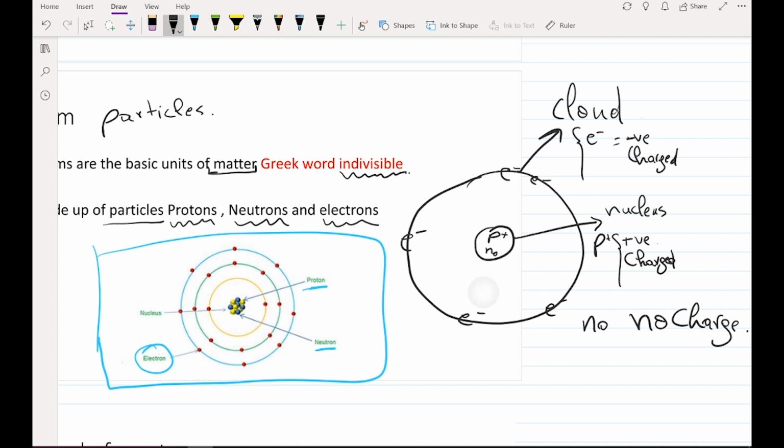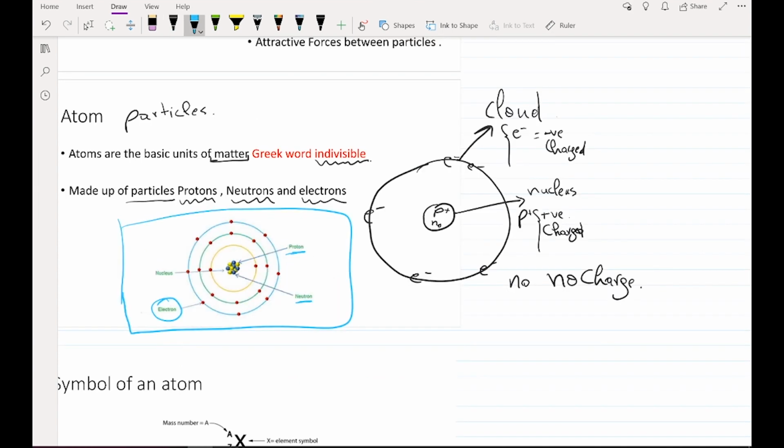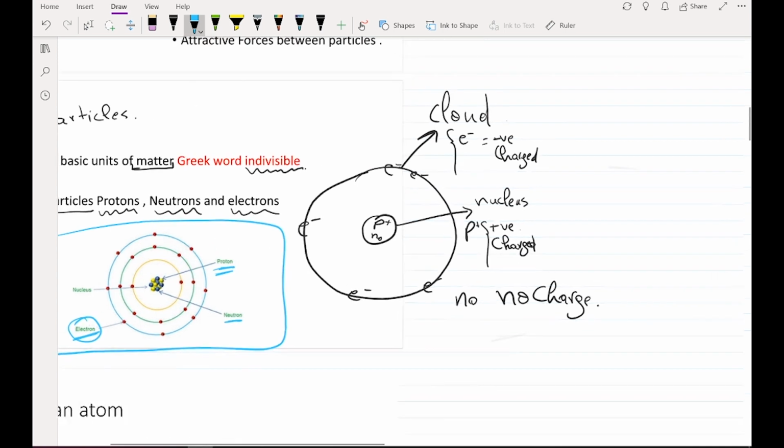So the atom is the basic unit of matter and is also composed of small particles, which are protons, neutrons and electrons. We also need to know that the atom has a number of protons equal to the number of electrons. So the number of protons and the number of electrons are equal.